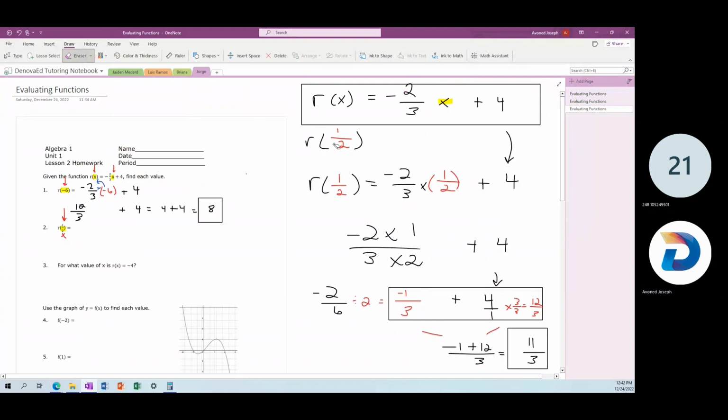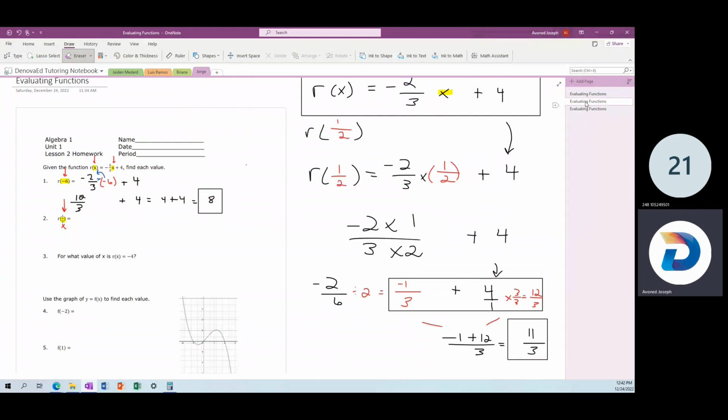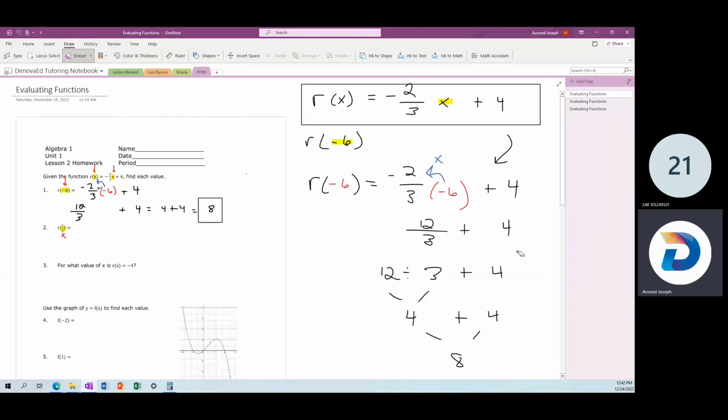Let's see. All right, so we have number 3. Did you write number 3 down already? I'm gonna take a screenshot just in case. Take a picture of it. This is the first question.